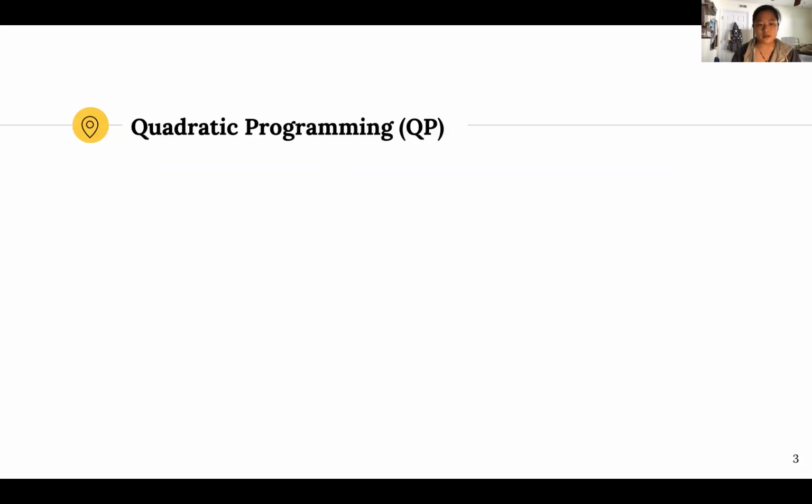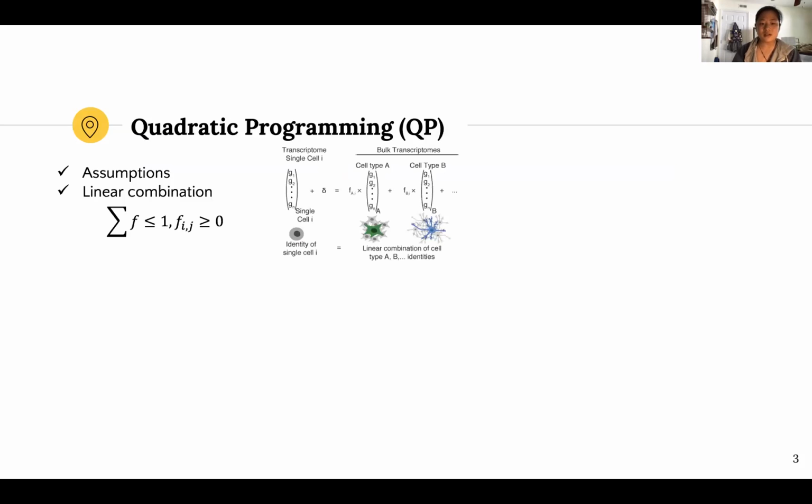Before I get into the pipeline, I want to describe this idea of quadratic programming. Quadratic programming takes the assumption that each transcriptome of a single cell is a linear combination of the bulk transcriptome of different cell types, with each fractional identity labeling how likely each single cell belongs to a cell type.